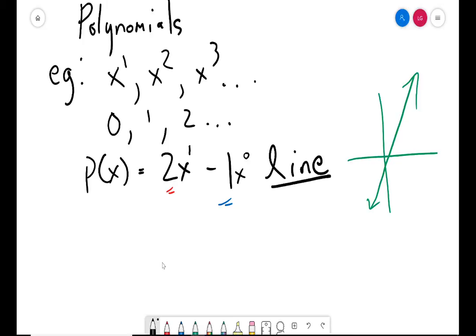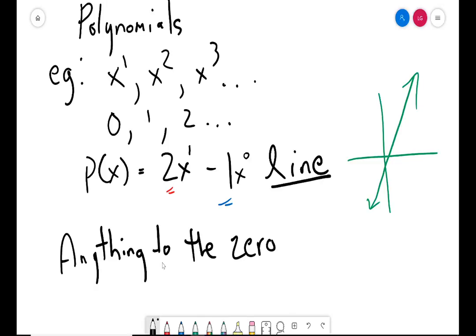Now we know anything to the 0 power is 1, right? So that often we don't write ones. That's a 1, and it's implied.